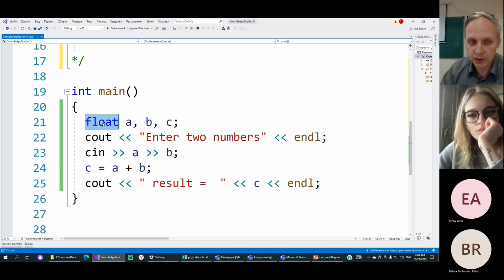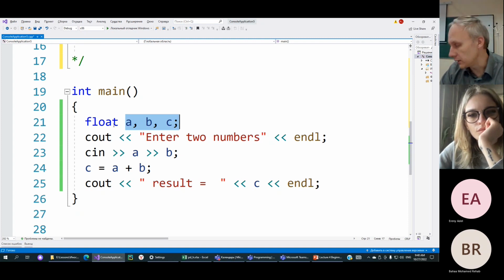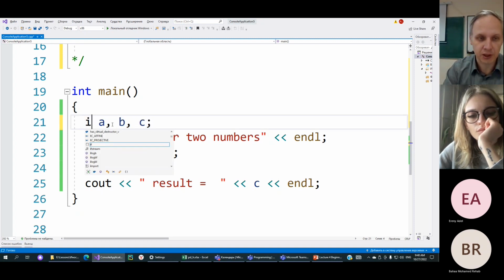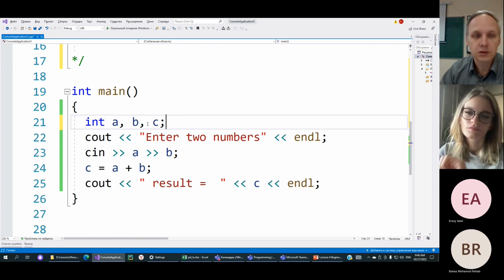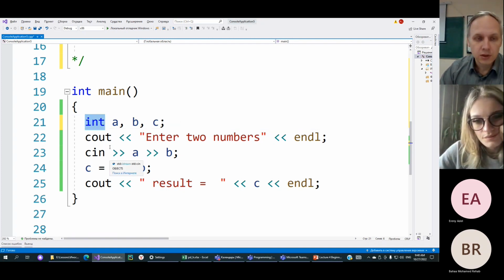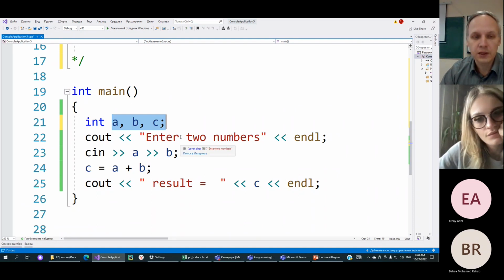Float is the data type, A, B, and C are identifiers that correspond to the variables of the type float. If I change here the data type to int, these values become integer.